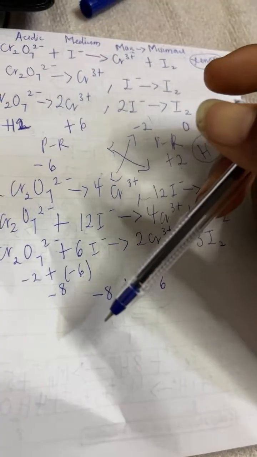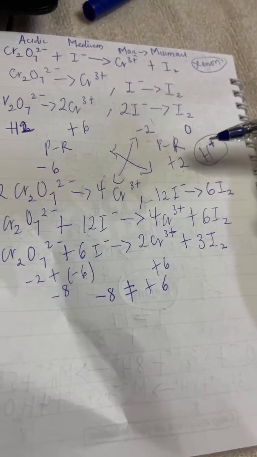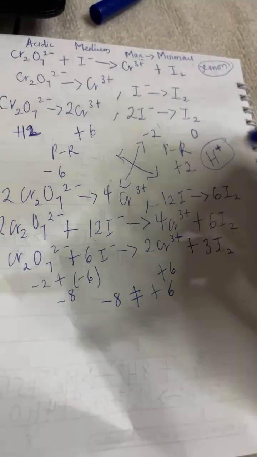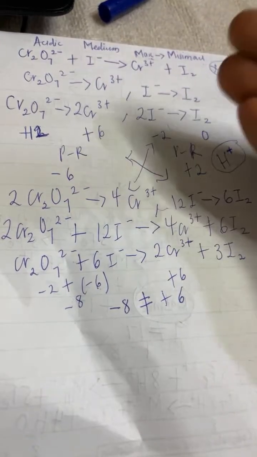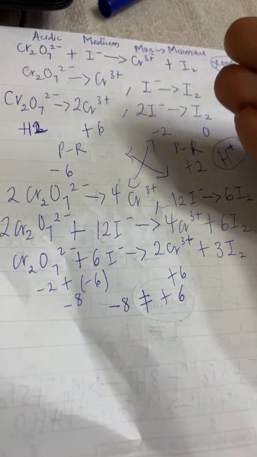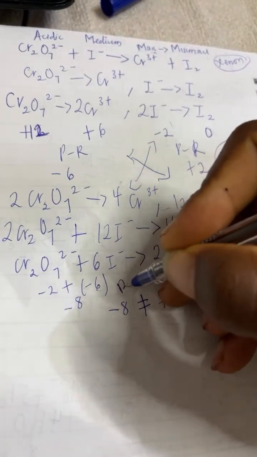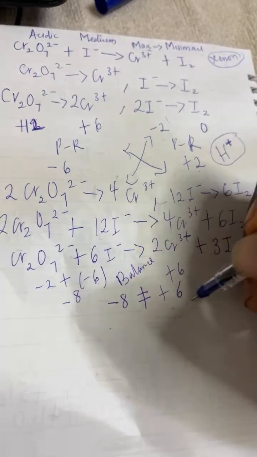That's why I'm telling you that the hydrogen ion is always there to help the lower charge become equal with the higher charge. Our aim, you remember, is to balance. Our aim is to ensure that the two charges are the same.